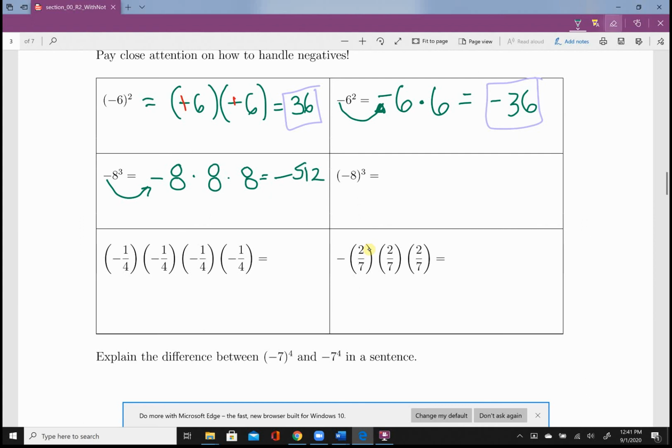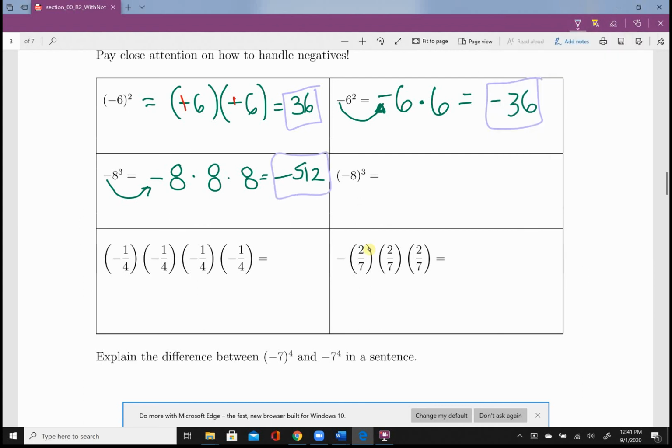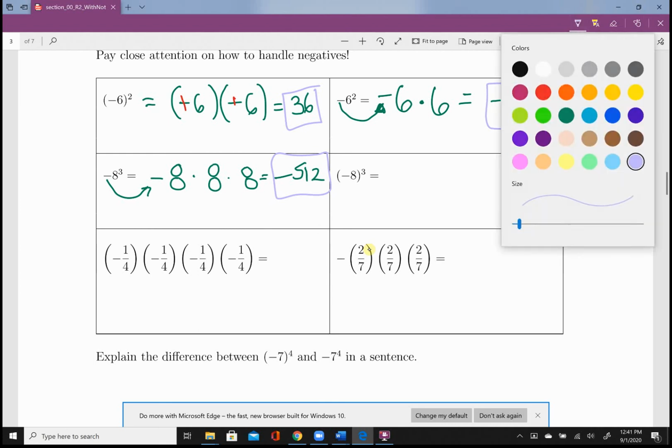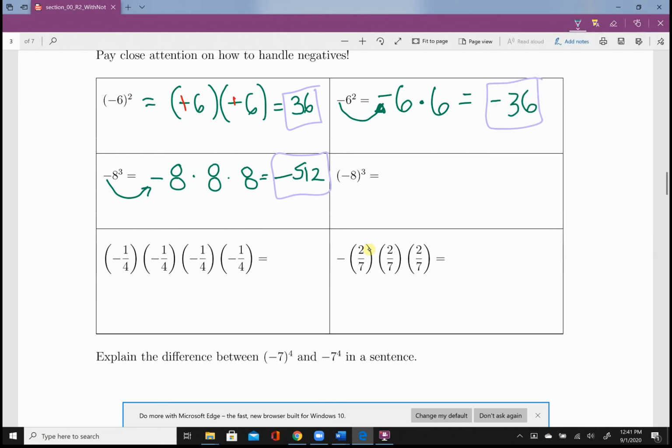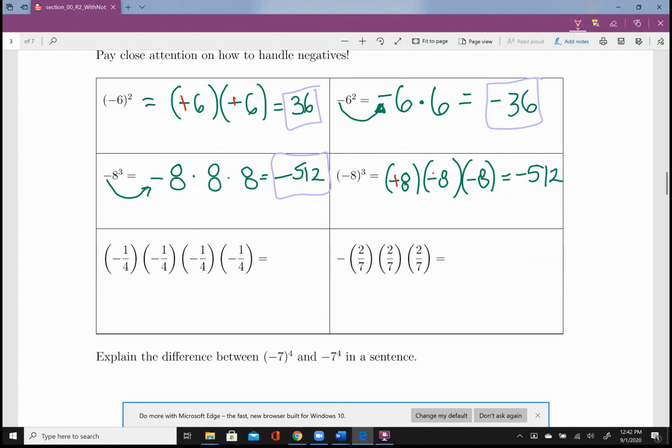It's going to be the final answer on that one, the ultimate value. And then differently as far as the expansion is concerned is how we're going to write out the next one, because the negative sign is inside the parentheses, so it's part of the base that gets repeated. Cool. So we're going to still get 512, and yes, it's still going to be negative by virtue of the fact that these negative signs, 2 of them will cancel out, but we'll still have 1 left over.